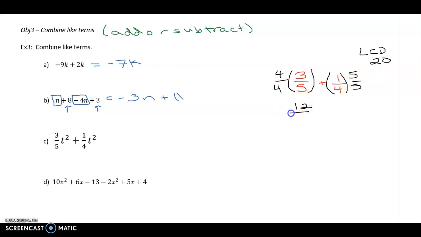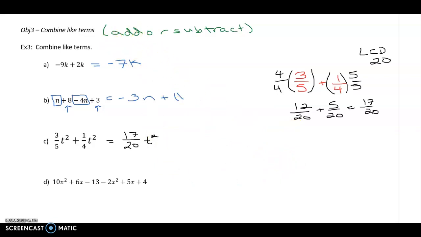That's going to be 12 over 20 plus 5 over 20, which is 17 over 20. So 17 over 20 is going to be our fraction, 17 over 20, and then t squared is going to be our terms getting combined.